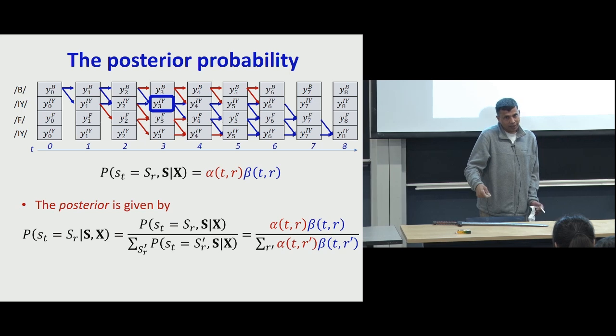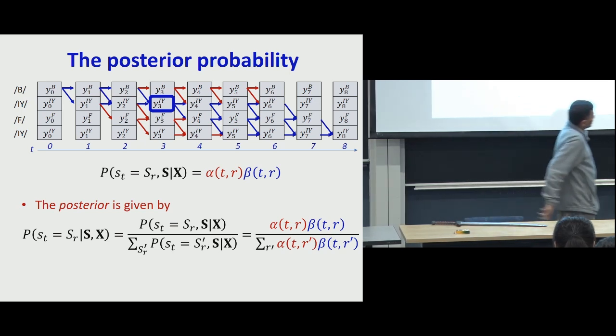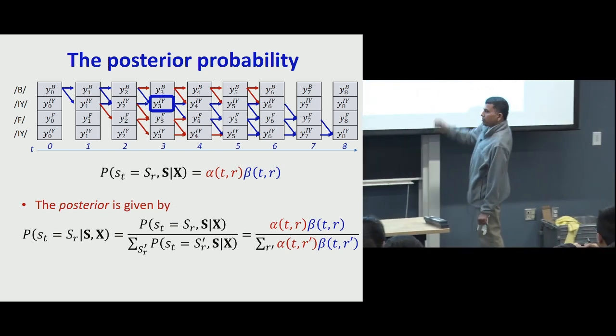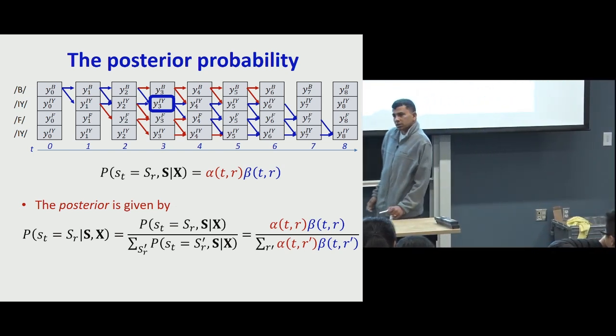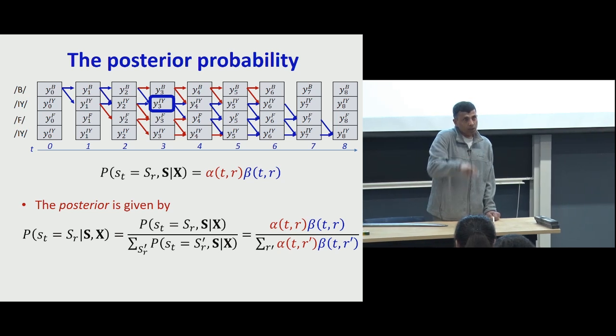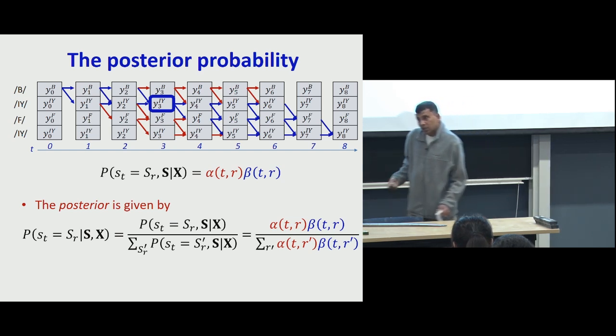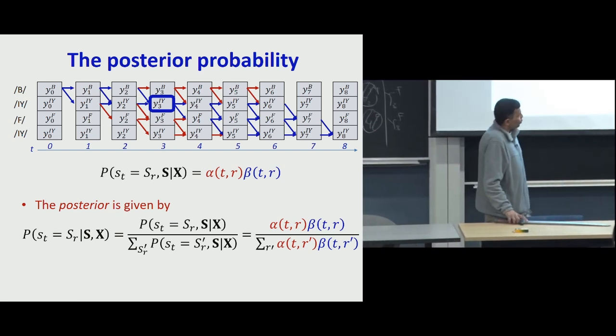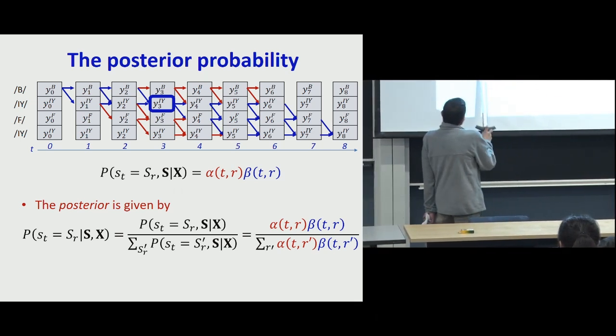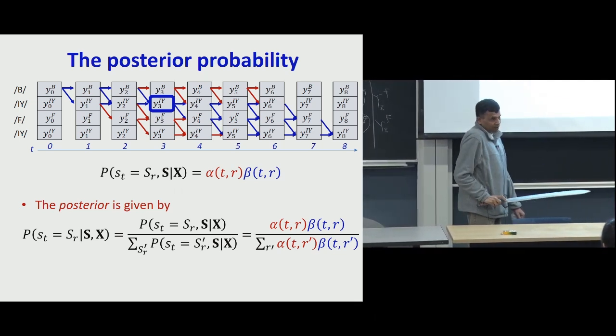the target symbol sequence and the input, as the product of alpha and beta at that time, normalized by the sum of the products of alphas and betas for every node in that column. Because you're looking at conditional probabilities, right? We are saying: what is the probability that the symbol at time t was SR?